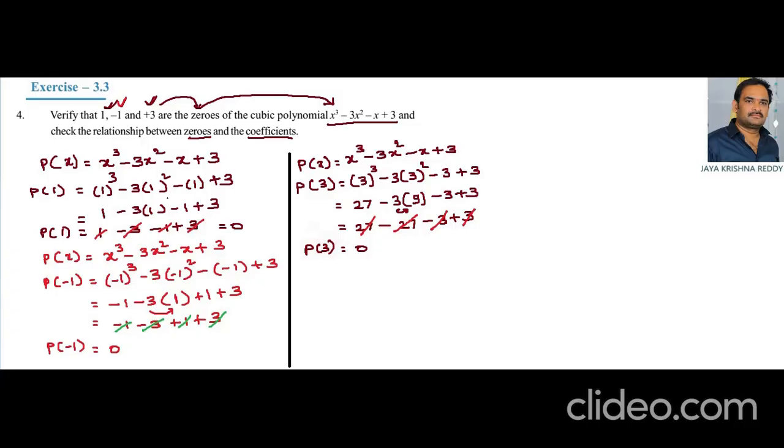So in the polynomial, by substituting 1, the value of the polynomial is 0, by substituting minus 1 also the polynomial value is 0, and by substituting 3 also the polynomial value will become 0. That means the numbers 1, minus 1 and 3 are the zeros of the given cubic polynomial.